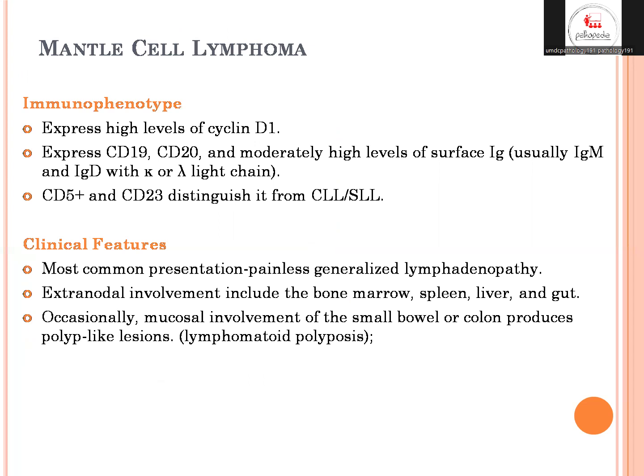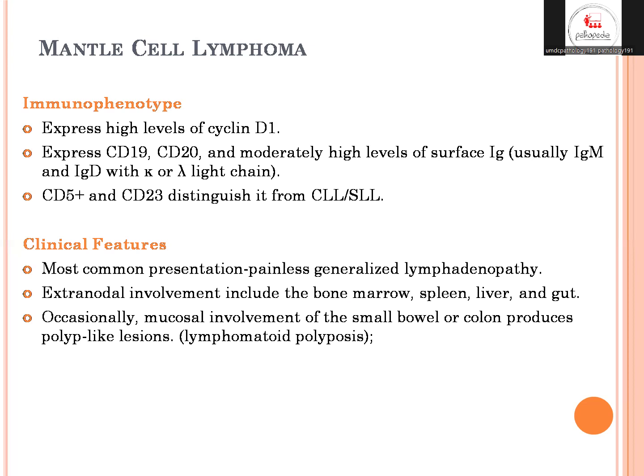On IHC, they express high levels of cyclin D1, CD19, CD20, and moderately high levels of surface immunoglobulin like IgM, IgD with kappa and lambda light chains. CD5 and CD23 distinguish it from CLL or SLL.